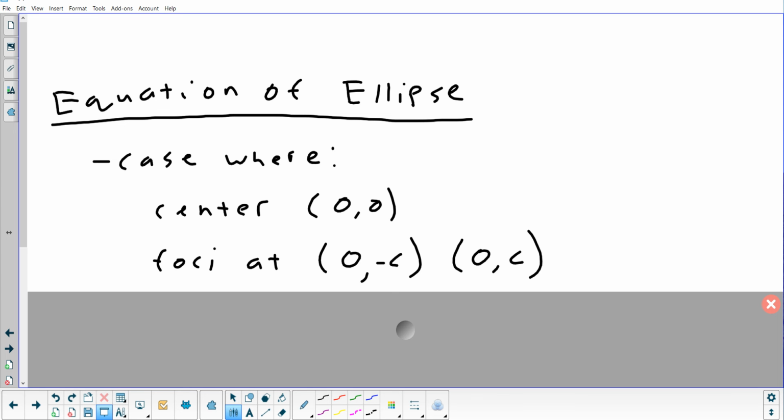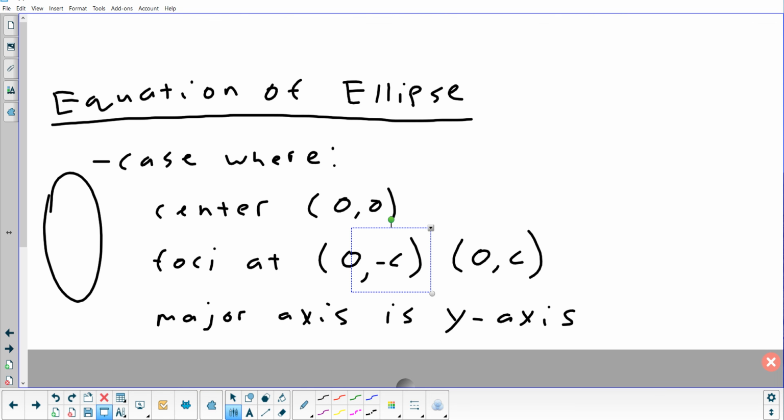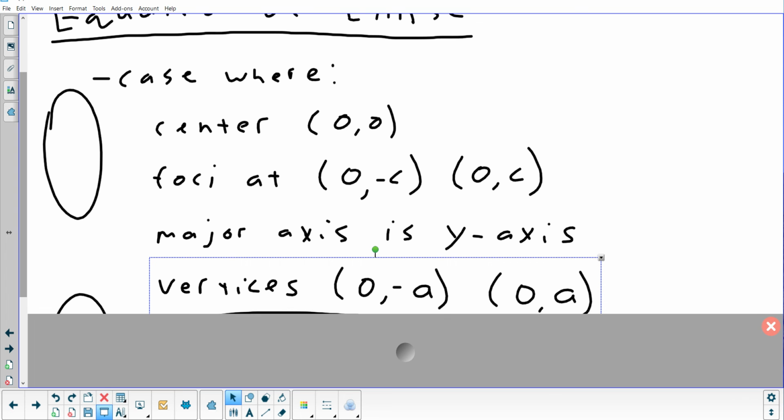The foci will be C units up and down. The bigger number is going to be under the Y. So this is going to cause the ellipse to be vertical. The vertices are going to be A units above and A units below the center.